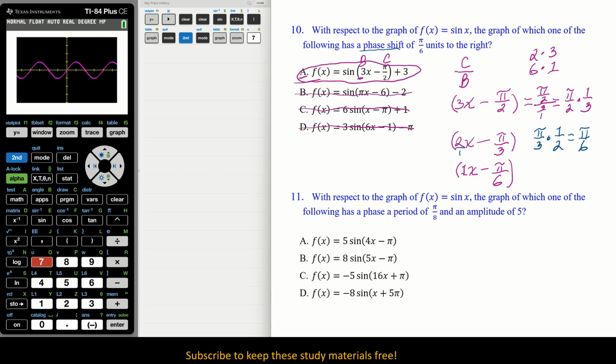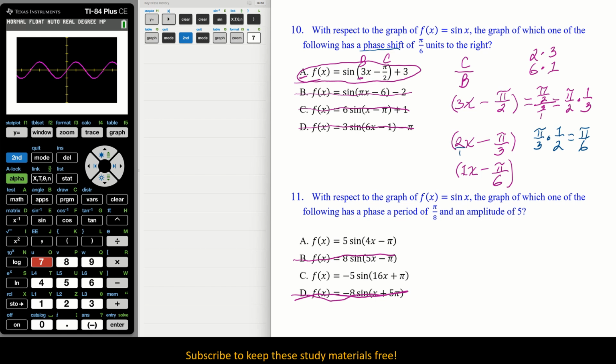Number 11. With respect to the graph f of x with the same sine function, sine of x, the graph of which one of the following has a period of pi over 8 and an amplitude of 5? Let's look at the amplitude first. B and D are out because they have an amplitude of 8. A and C are in. Remember, you take the absolute value for amplitude. So 5 is it.